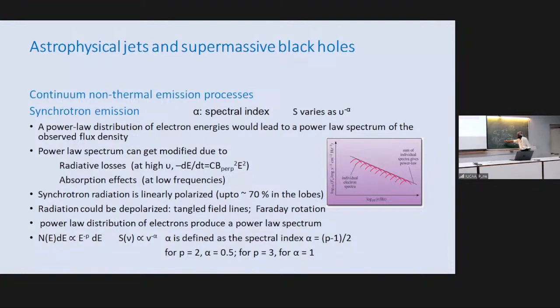Because of the lower number, we get this smaller flux. If you look at the spectrum of the lobes of radio sources, they are very tenuous. Emission is not getting absorbed within the lobe. So it is a power law distribution of the relativistic electrons which are giving rise to synchrotron emission.